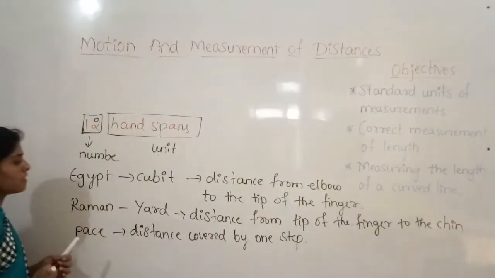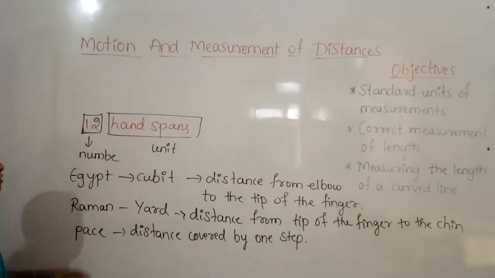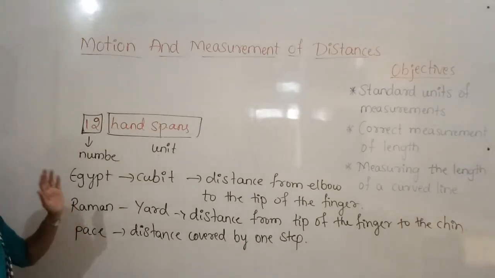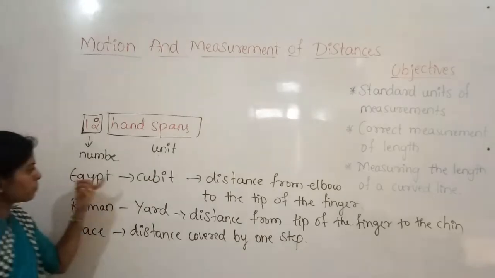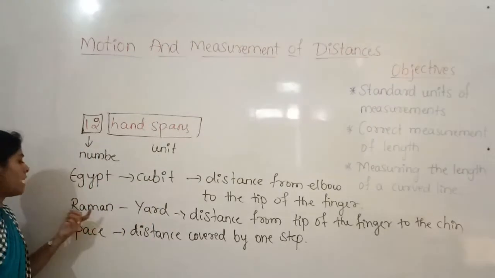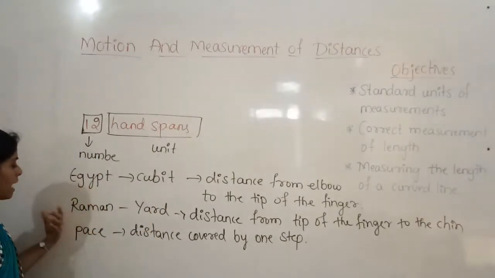Likewise, the ancient people used different kinds of units for measurement. The Egyptians introduced the cubit, and the Romans introduced the yard and the pace.